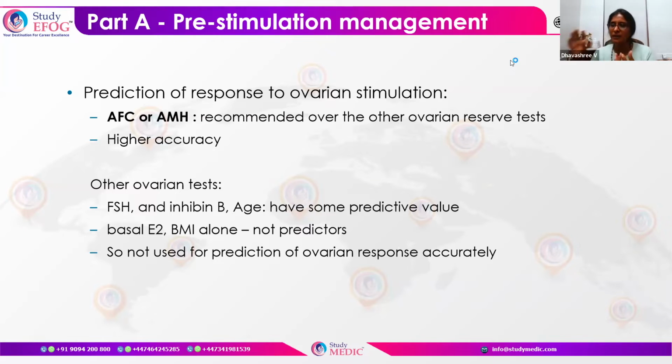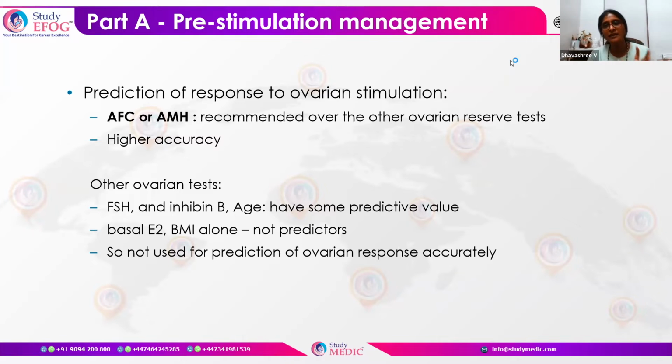Once a follicle grows, it does not secrete AMH. So to test the ovarian reserve, it is only the AMH or the antral follicle count which helps us in predicting the response.